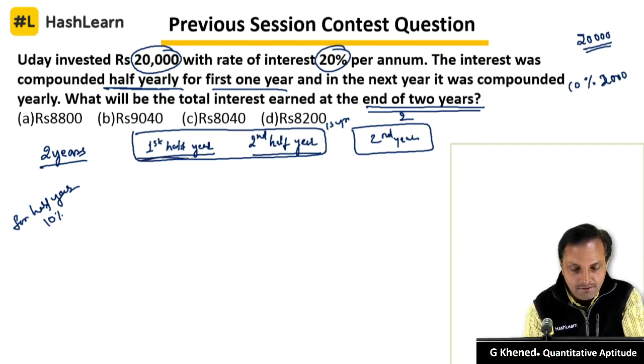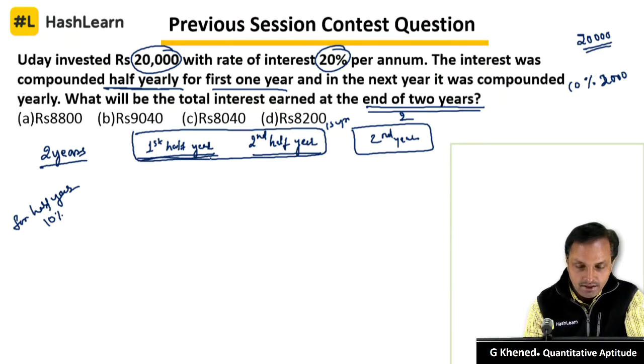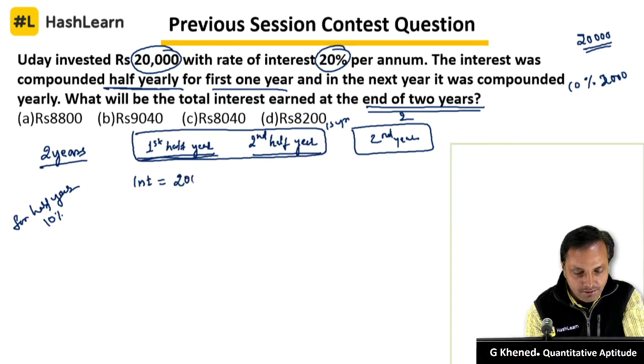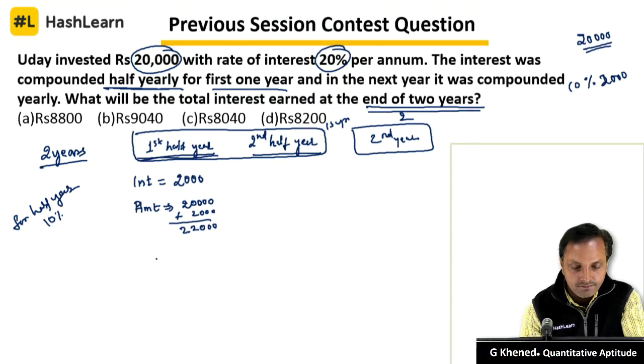So for the first half year, your interest is 10% of 20,000, that is 2000 rupees. Then what is the amount now? 20,000 plus 2000, 22,000.